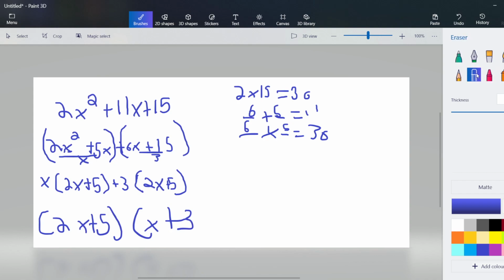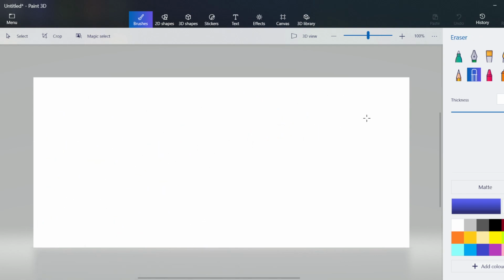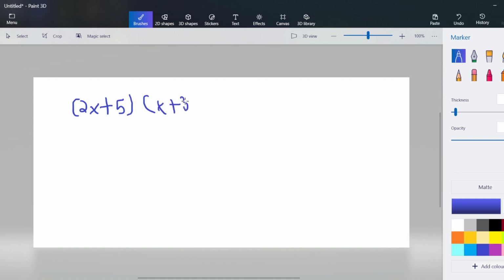To double check this, we could do the same thing and do the FOIL method. So if we wanted to double check this, it is 2x plus 5 and this one was x plus 3.